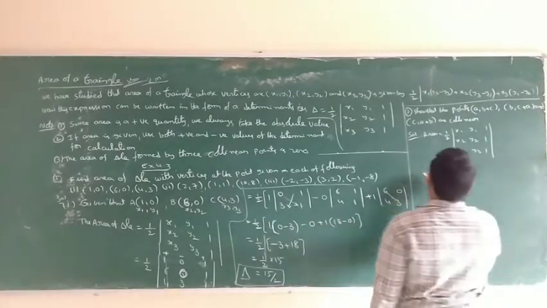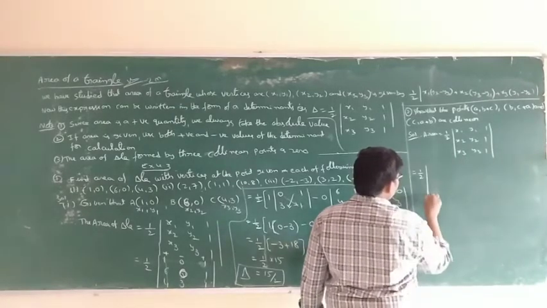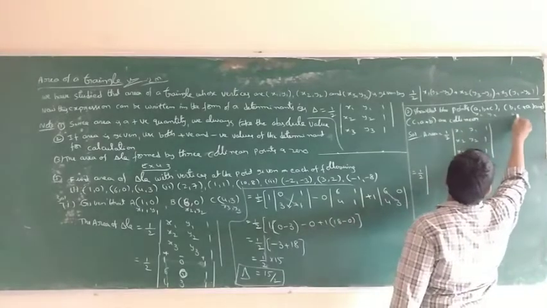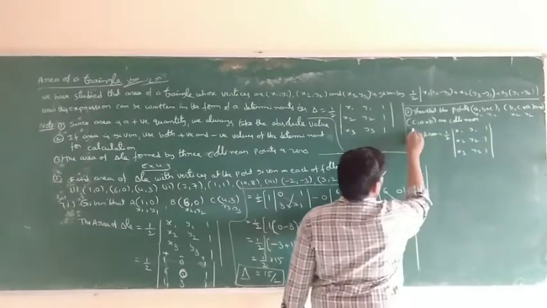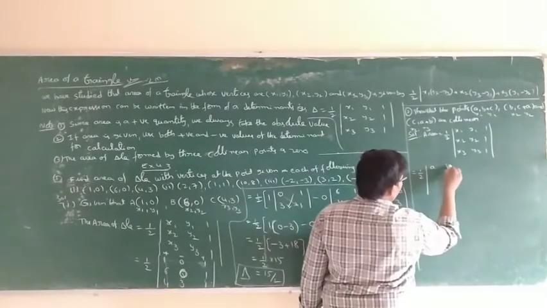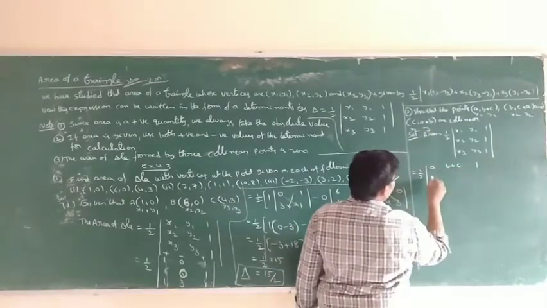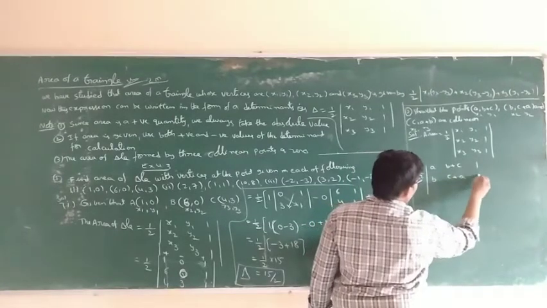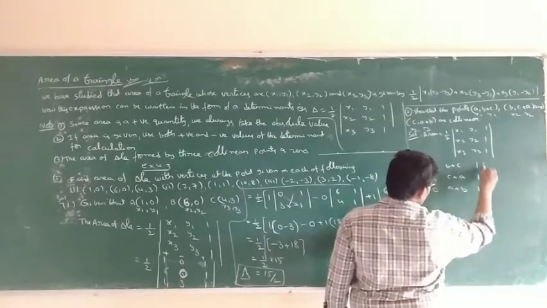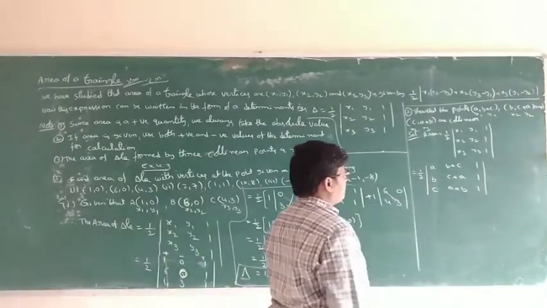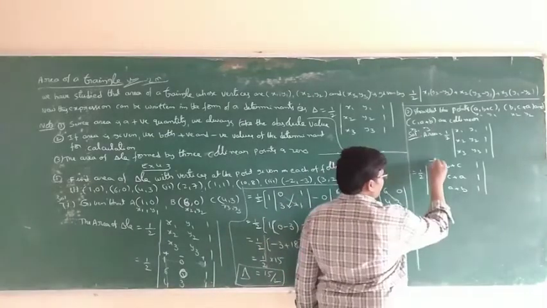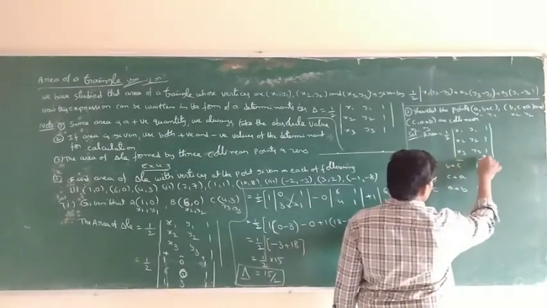That is equal to 1 by 2 into x1 y1 1, x2 y2 1, x3 y3 1, the first point, second point, third point: A comma B plus C, 1; B comma C plus A, 1; C comma A plus B, 1. Next, direct expand method, or plus minus plus.